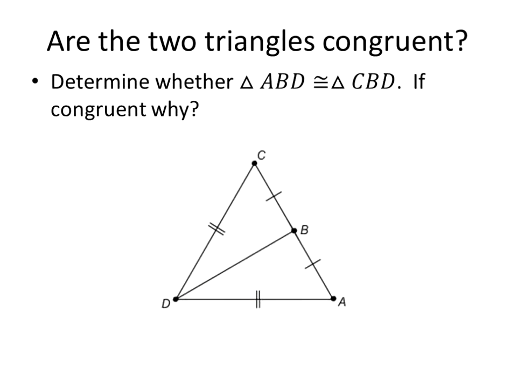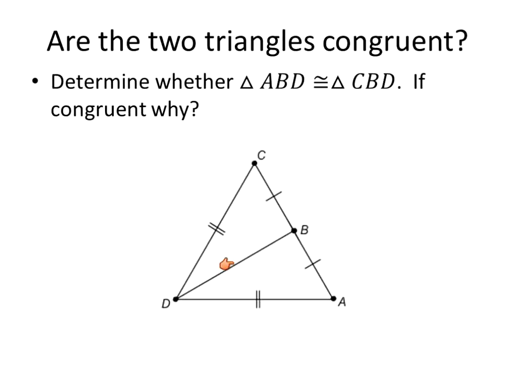So keeping that in mind, let's look at this. It says, are the two triangles congruent? And it says, determine whether triangle ABD is congruent to triangle CBD. And if they are congruent, why? So if I'm looking at this, I see, oh, this has got two sides that are congruent and two sides that are congruent. And there's the third side right there.